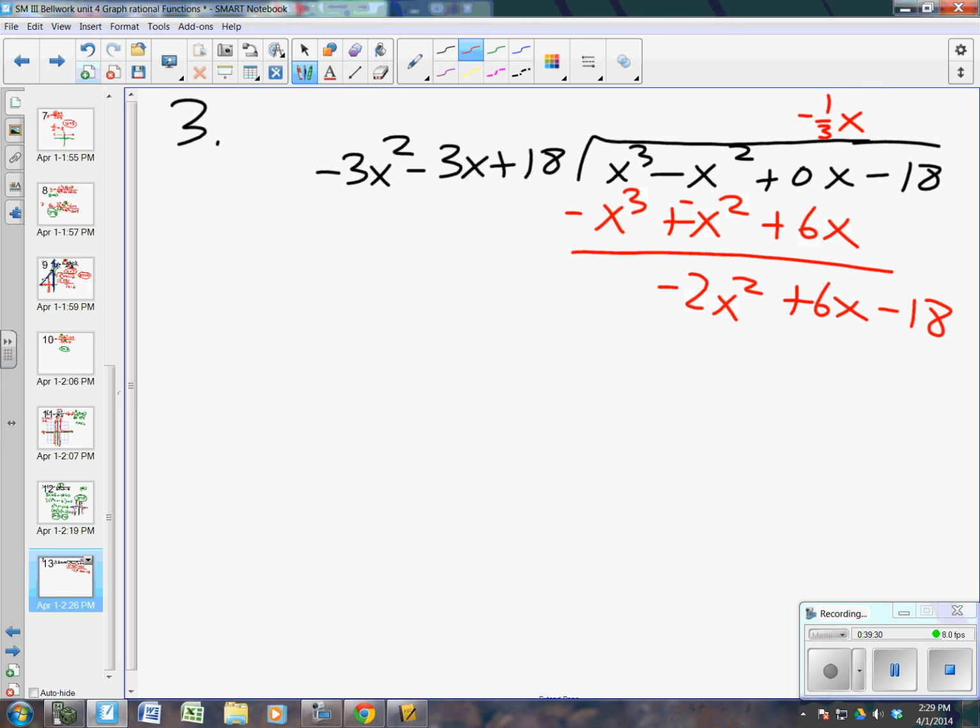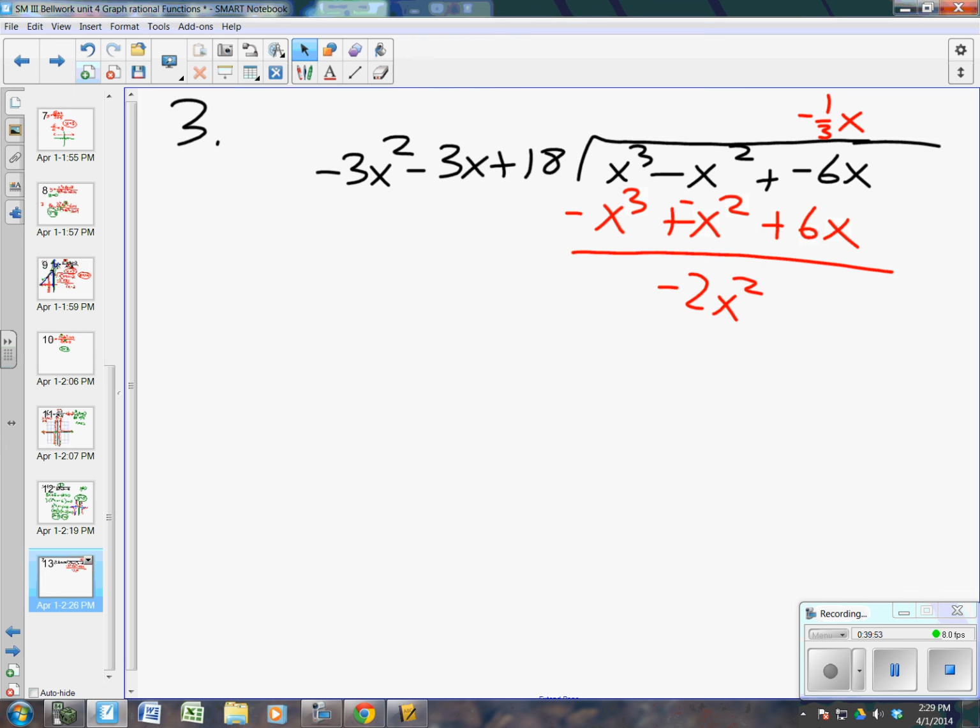When I was writing it down, I looked up the top one. So let's go back to that. And x cubed minus x squared minus 6x. So guess what? That adds up to 0 right there, doesn't it? So that's just 0, and it doesn't really matter anyway.